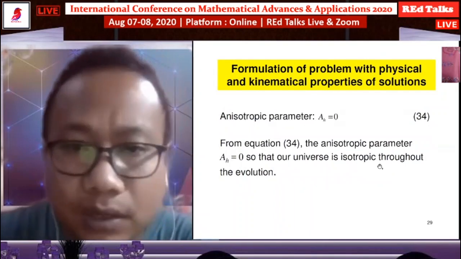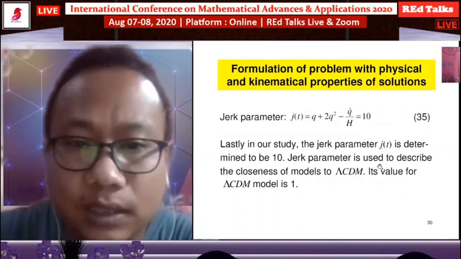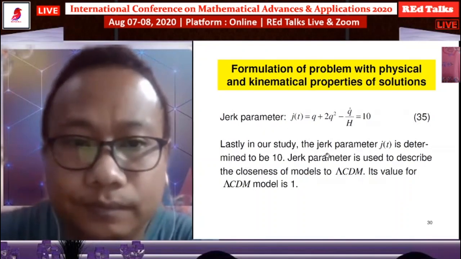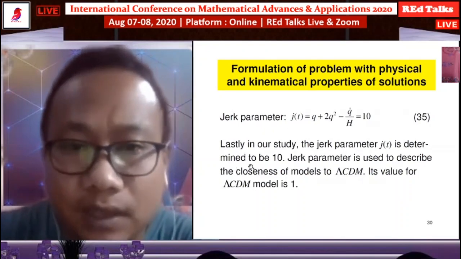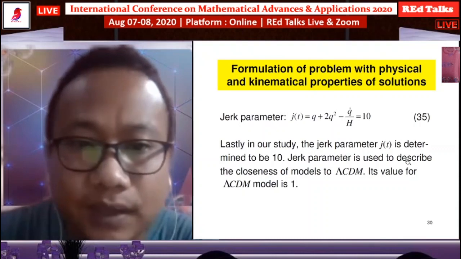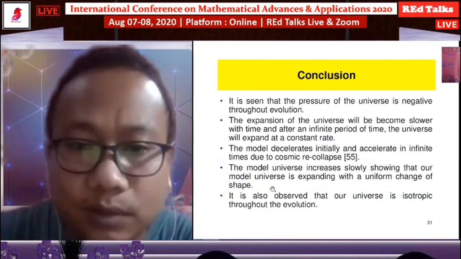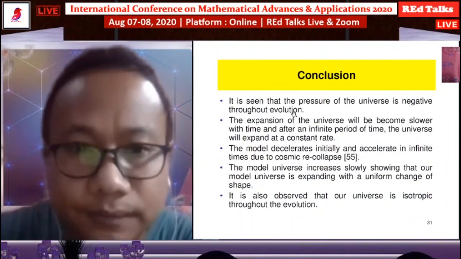And the anisotropic parameter is equal to 0, so that our universe is isotropic throughout the evolution. And the jerk parameter is determined to be 10, and the jerk parameter is used to describe the closeness of the model to lambda CDM. Its value for lambda CDM is 1.